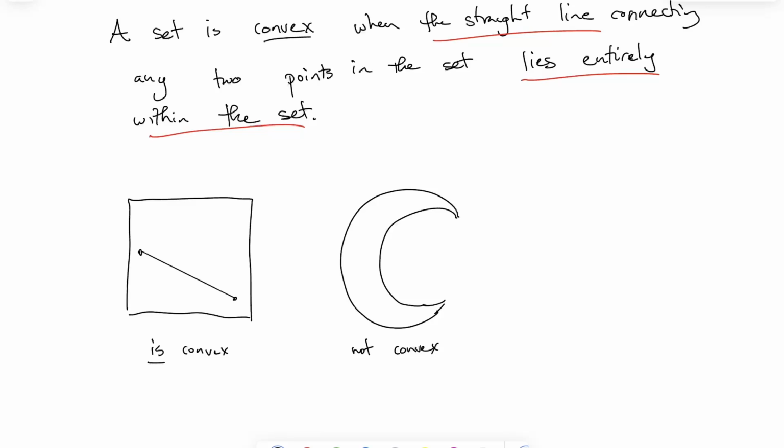If we just choose 1 point up here and then another point down here, then the straight line between them does not lie entirely within the shape, right? This straight line here goes outside. That means this shape is not convex, all right?